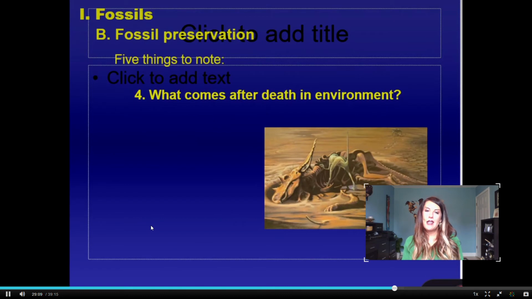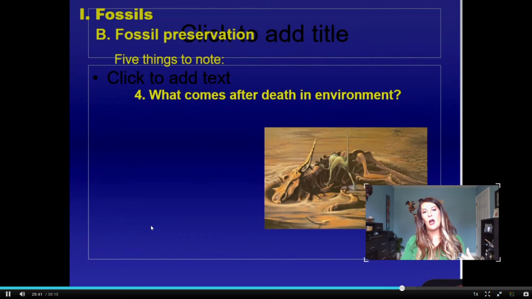And then based on how it died, we ask the question, what comes after death? So again, is it going to be very quick, or is something going to come and scavenge it? And if something scavenges it after death, then those bones are going to be pulled away. For example, if a major predator killed something, they would eat until they were full, leave the carcass, and then other things would come to feed off of it and eventually pull it apart.